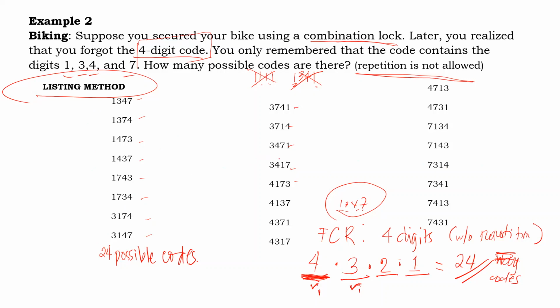Now, how about if repetition is allowed? Meaning, 1 can be repeated, 3 can be repeated, 4 can be repeated, and 7 can be repeated. Using the same problem, we have 4 digits.